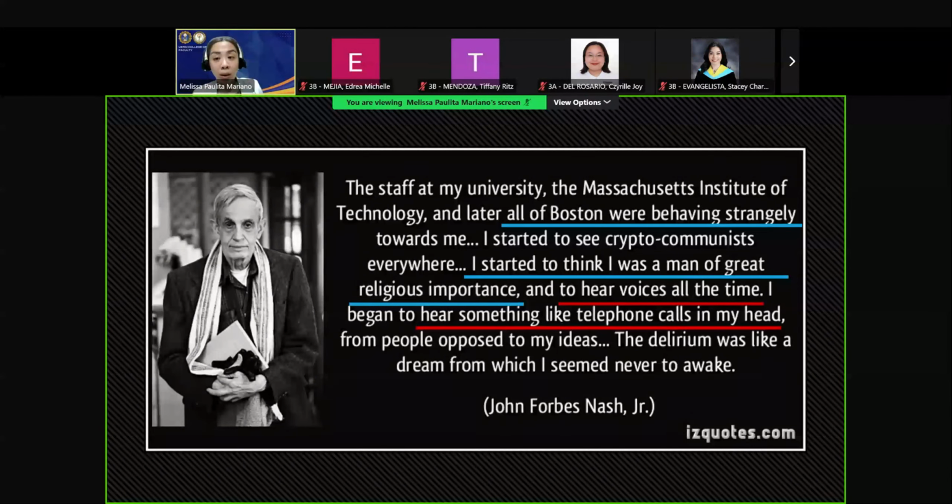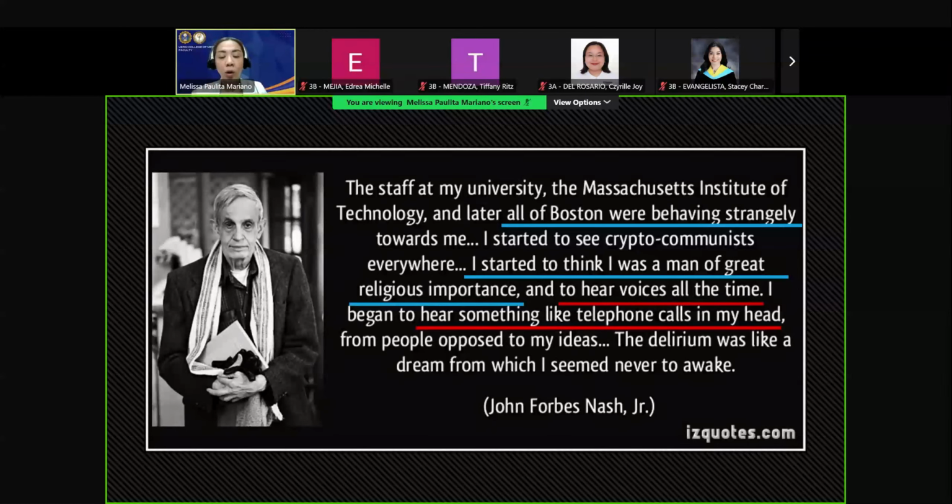We will note that the statements underscored in blue are going to be examples of delusions, and those underscored in red are examples of auditory hallucinations.